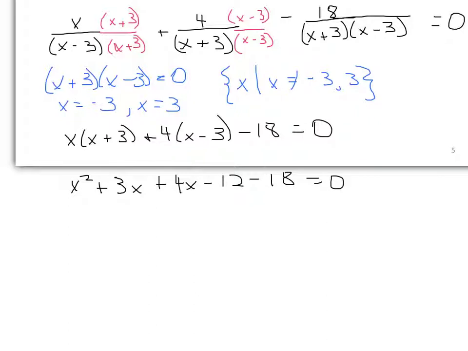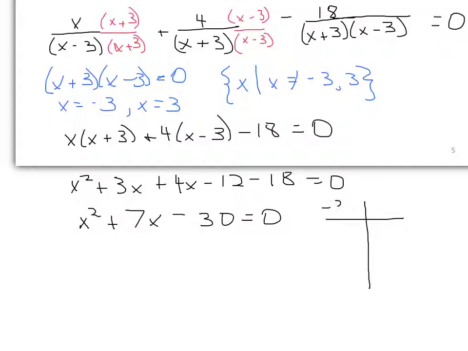So we're going to combine like terms. And that's the trinomial we end up with. Is it factorable? Let's check that out. We can go through all of our cases. There's no greatest common factor, no special cases, no coefficient in front of the x squared term other than 1.